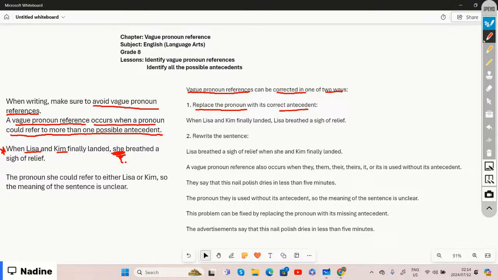By saying, for example, when Lisa and Kim finally landed, Lisa breathed a sigh of relief. Which means that our antecedent is Lisa and Kim.